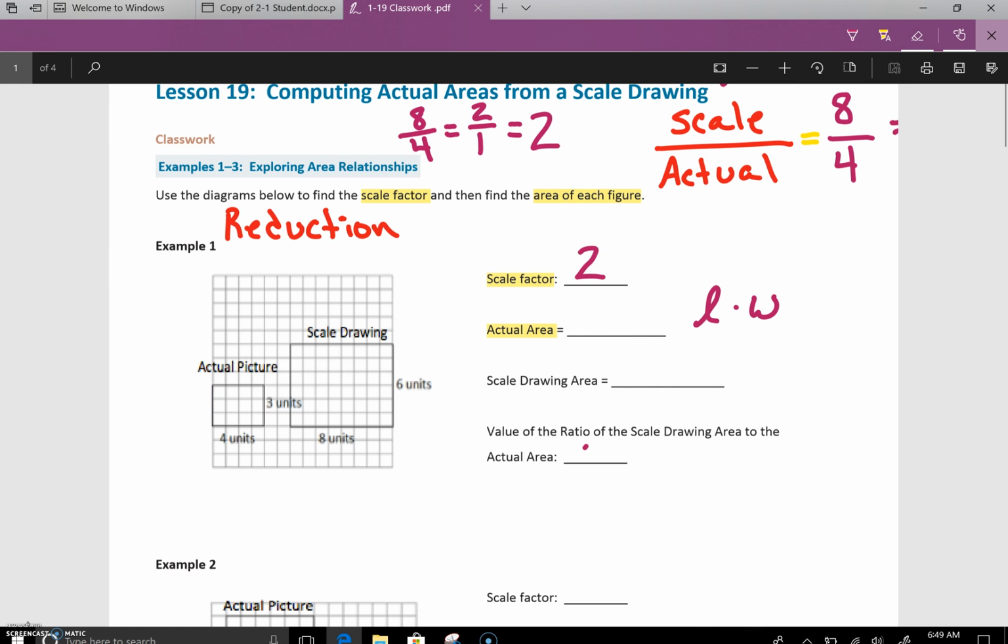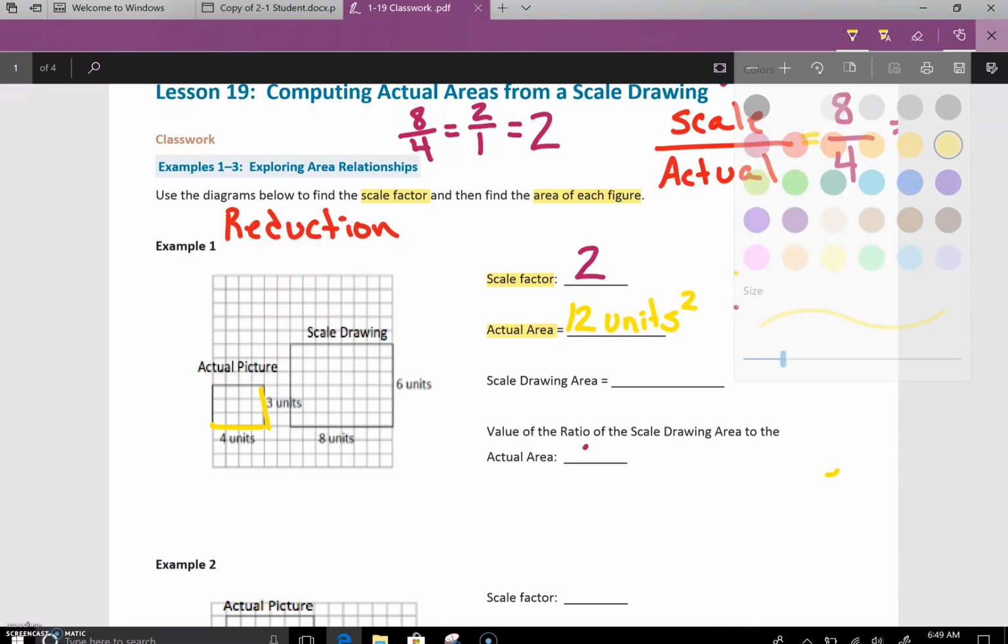So all we have to do is look and go 4 times 3. 4 times 3 is 12, so the actual area is 12 square units. 12 units squared.